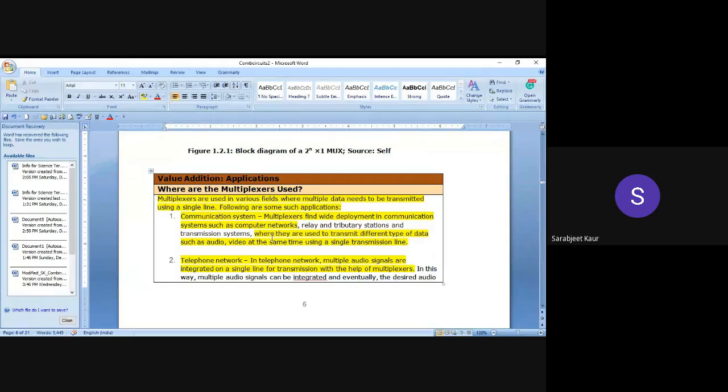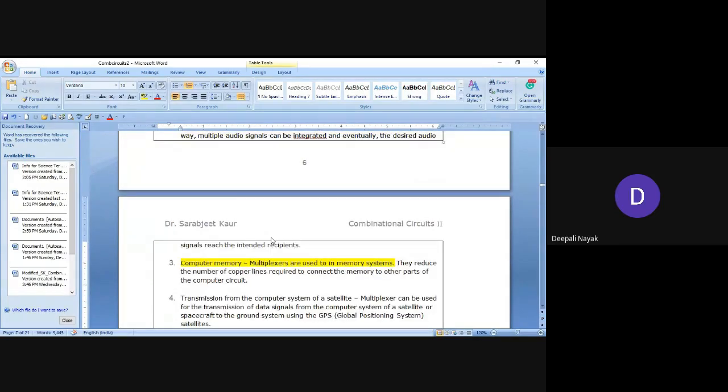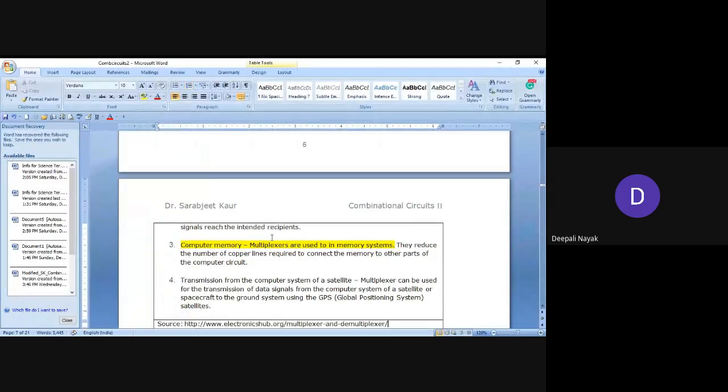Second, telephone network. In a telephone network, multiple audio signals are integrated on a single line for transmission with the help of multiplexers. Third, computer memory. Multiplexers are used in memory systems.